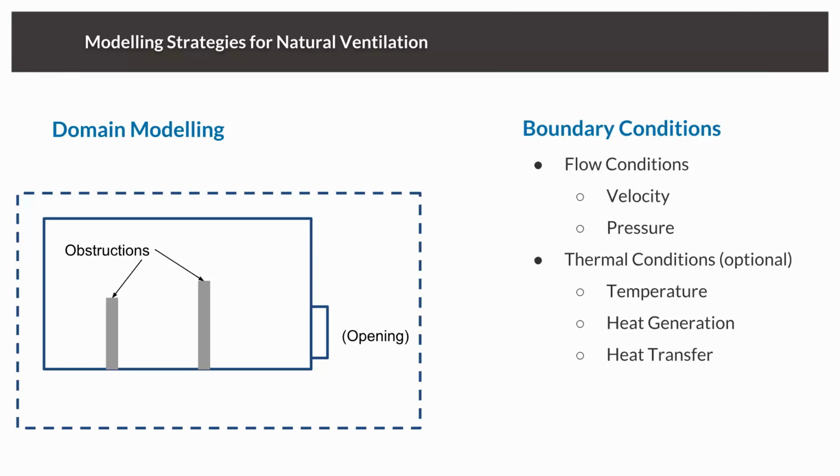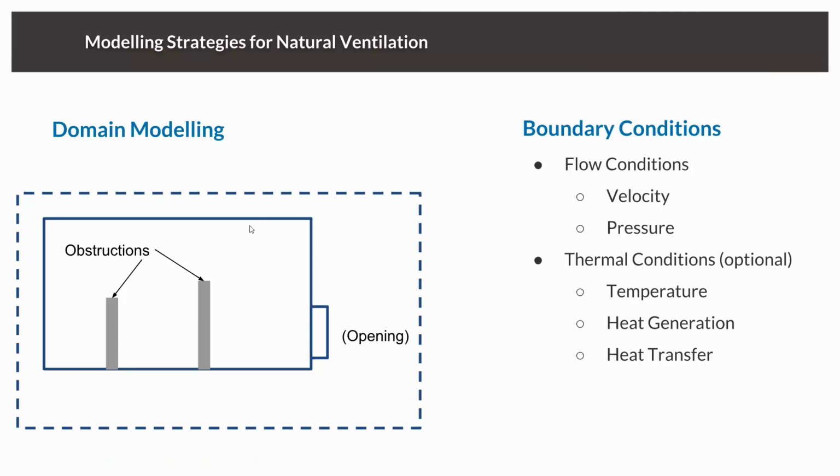Whenever you have a building where you want to test natural ventilation, your model is made up of three parts. First of all, you have the surrounding domain. Inside the surrounding domain, you have your building, which is a kind of hull with openings, and inside the building you have any kind of obstructions.